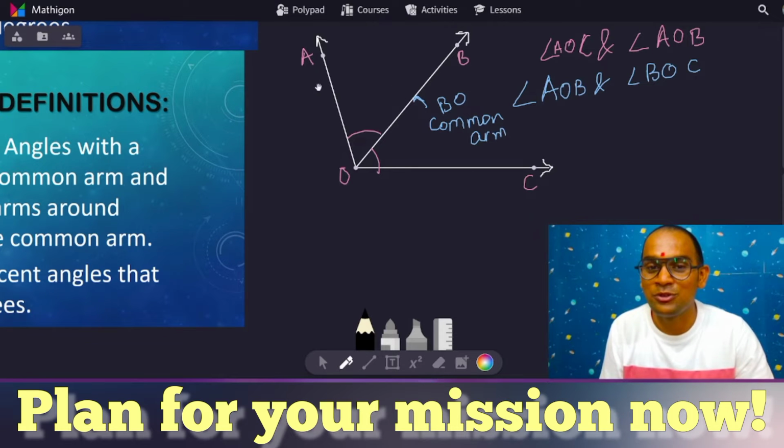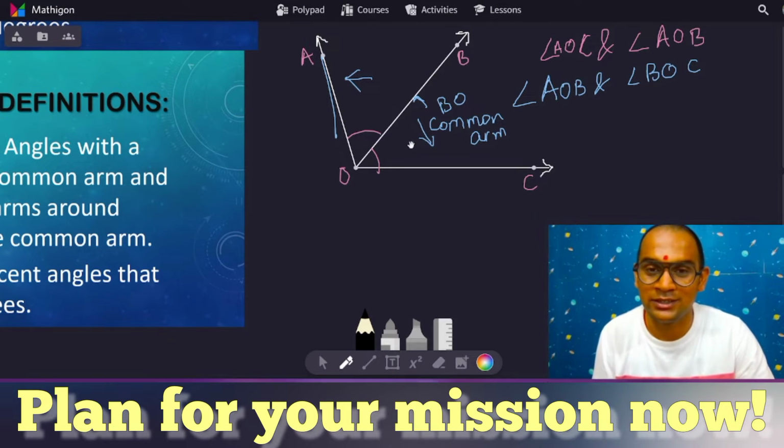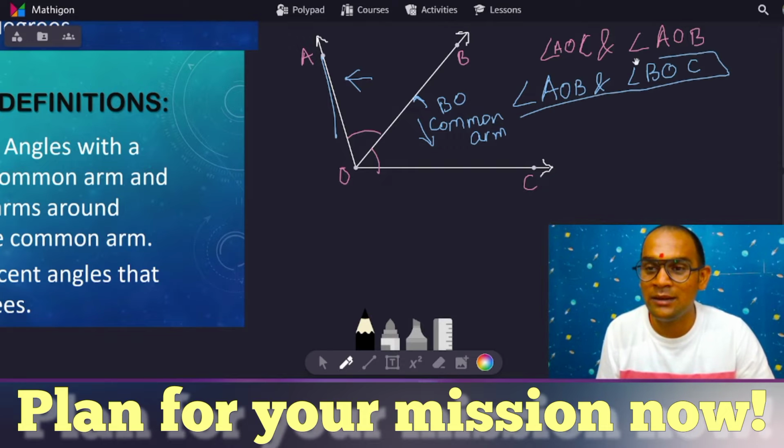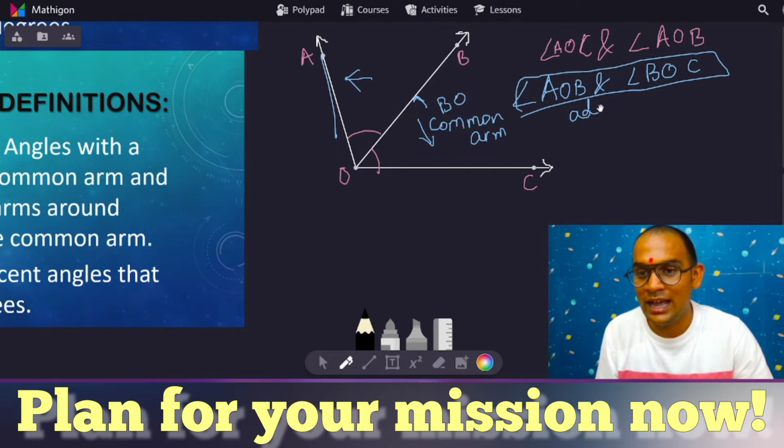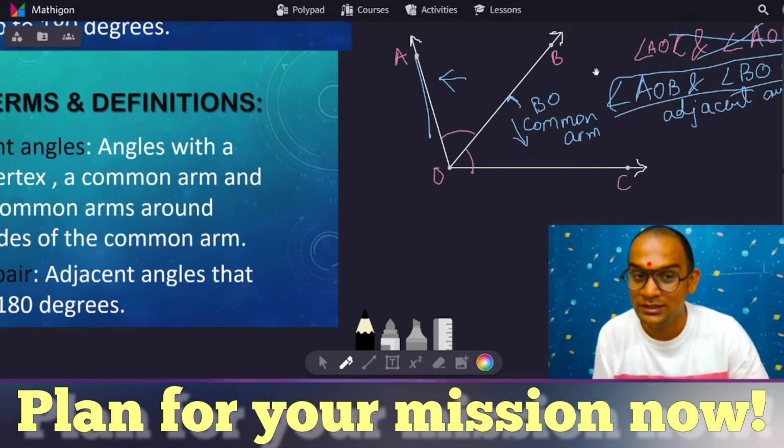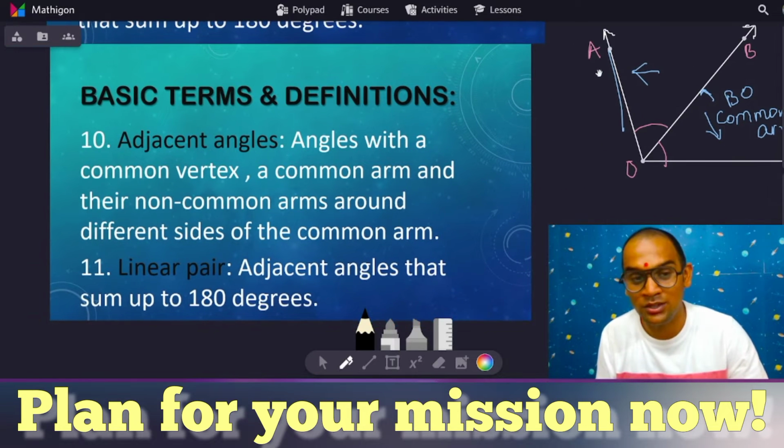And as you can observe, AO is on the left side while OC is on the right side of this particular ray. That makes angle AOB and BOC adjacent angles, while the other case is not. They are just angles, not adjacent angles. I hope this makes sense. You will be remembering this particular definition.